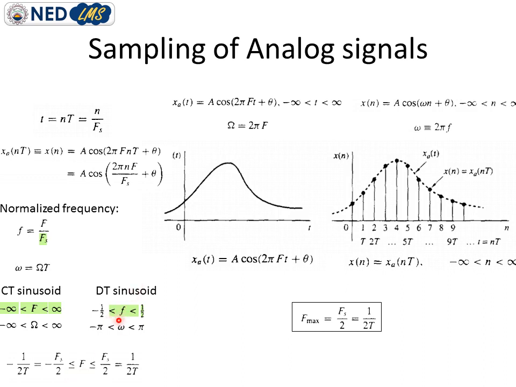We will get this relationship, and the relationship is that the range of analog frequency is minus Fs by 2 to Fs by 2, or in terms of the time period, minus 1 over 2T to 1 over 2T. T is the sampling interval, the sampling period.